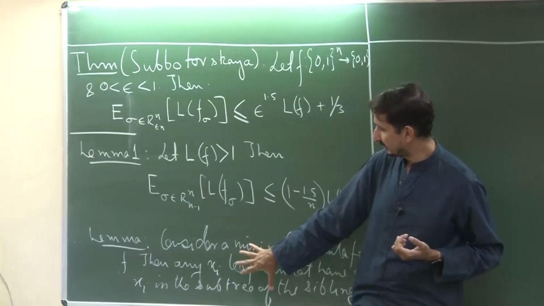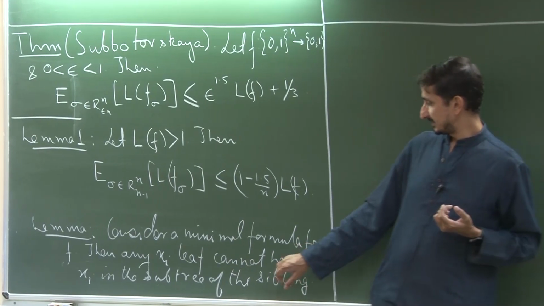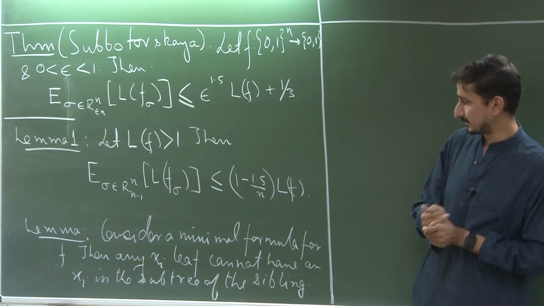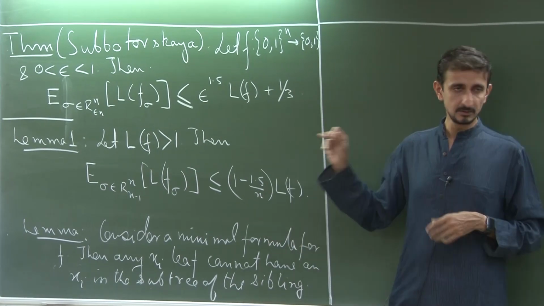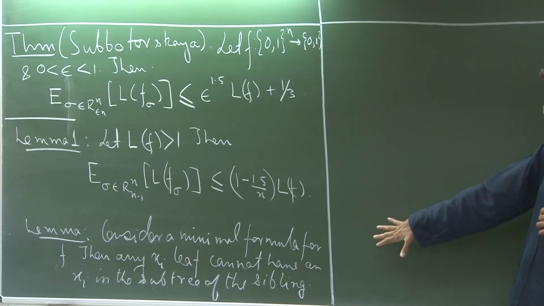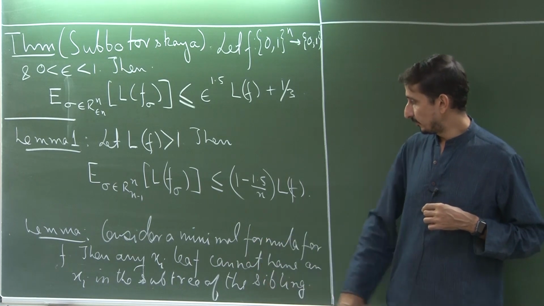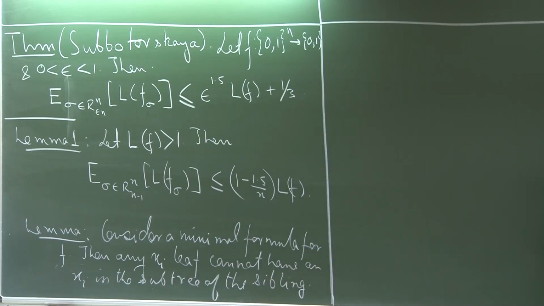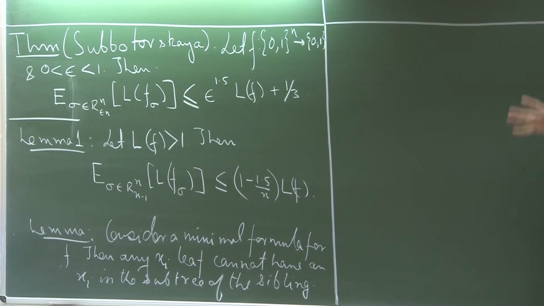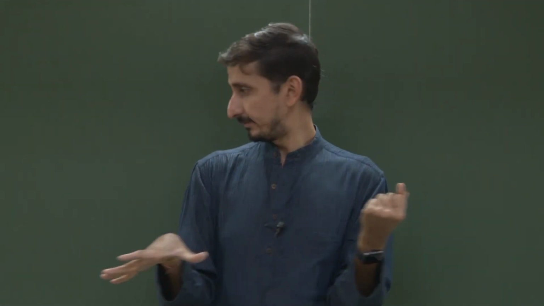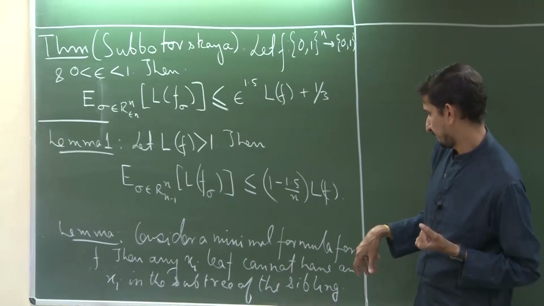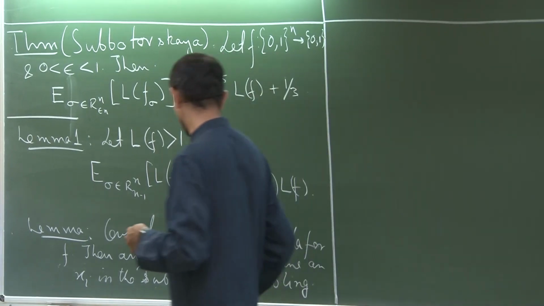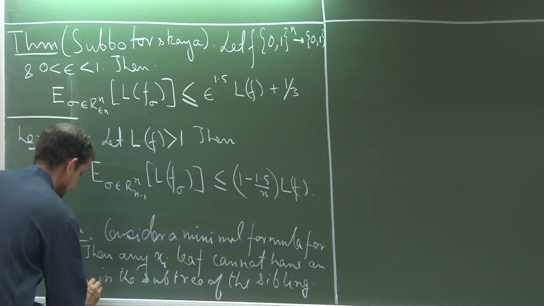So, we actually proved this lemma last time: if we consider a minimal formula for f, over the De Morgan basis, of course, everything that we are discussing now is over the De Morgan basis, and if we look at any leaf labeled xi, then if we look at the sibling of that leaf and the subtree rooted at that sibling, that cannot have another xi leaf.